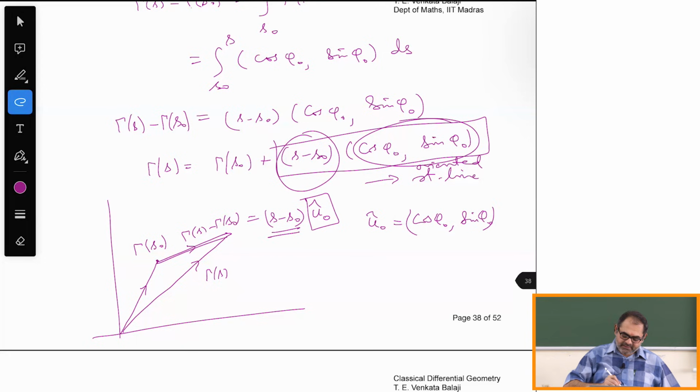So this is the equation of this straight line, with orientation given by increasing s.